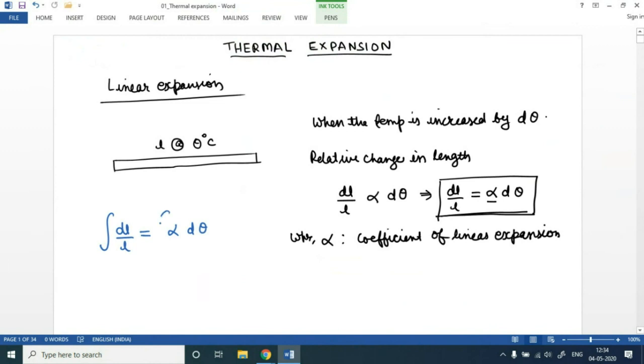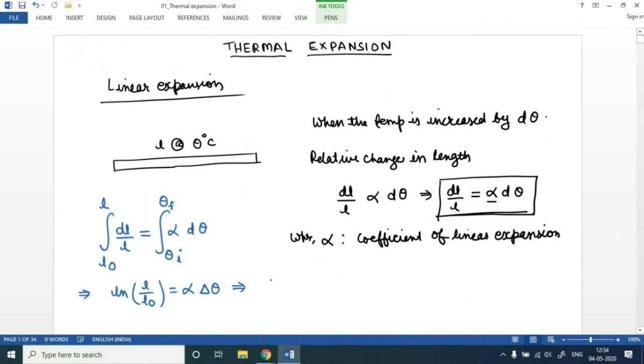Say at theta equal to theta I, the initial length is L naught, and at theta equal to theta F we want to find this length. Solving this gives ln of L upon L naught equal to alpha delta theta.